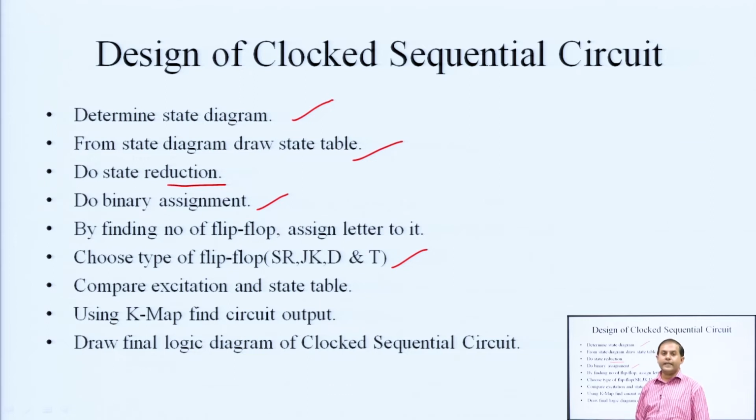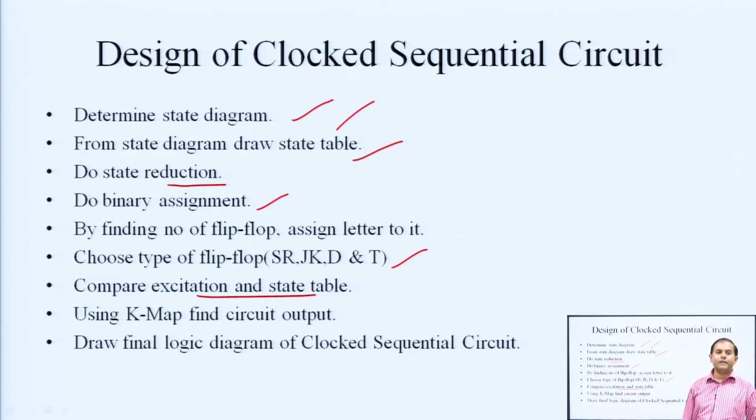If it is given in the question that you have to use a particular type of flip flop, then you have to use it. Otherwise, you have the freedom to use any type of flip flop: SR, JK, T and D. But whichever flip flop you use, you should remember the excitation table of that flip flop, because that excitation table is very important in our next step, which is to compare the excitation table and the state table, as already discussed.